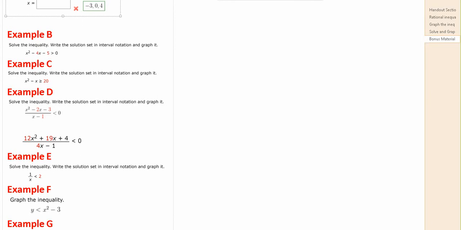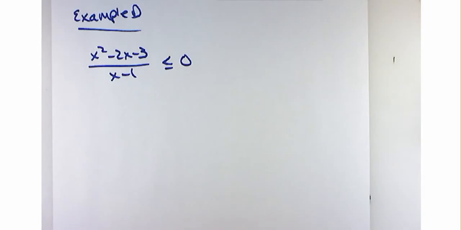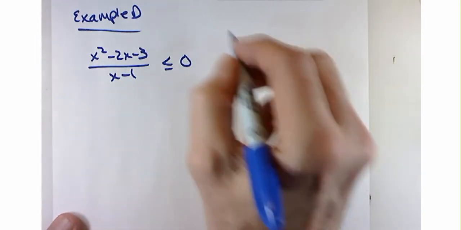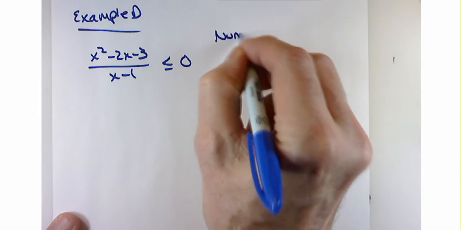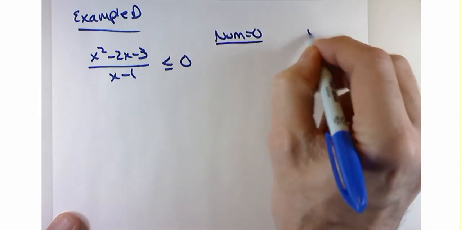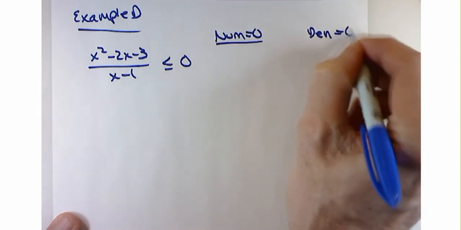x squared minus 2x minus 3 over x minus 1. I want to know where that's less than 0. Let's make that less than or equal to 0, just for good measure. I need to find my critical points: the numerator equal to 0 and the denominator equal to 0.